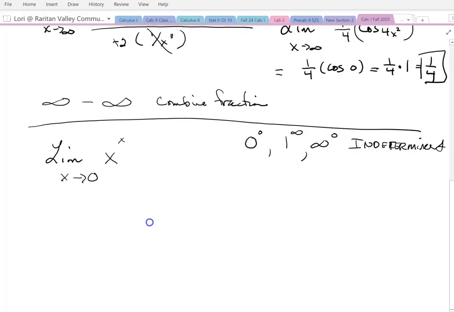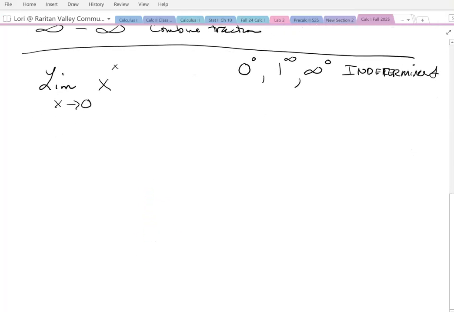And anytime, if you recall, back in your pre-calc classes, you dealt with an exponent that had a variable in it, you usually would utilize the properties of logs to solve it. So why would we do that? Well, let's take a look. So how do I utilize the property of logs? Well, I got to introduce it as an equation first. So I'm going to let y equal my limit as x goes to 0 of x to the x power.